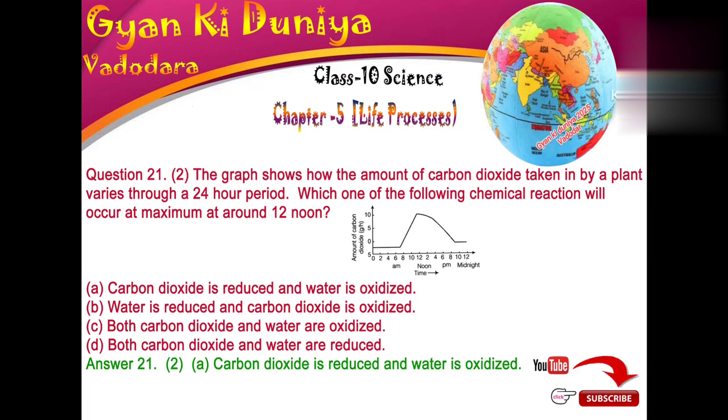B. Water is reduced and carbon dioxide is oxidized. C. Both carbon dioxide and water are oxidized. D. Both carbon dioxide and water are reduced. Answer 21. 2. A. Carbon dioxide is reduced and water is oxidized.